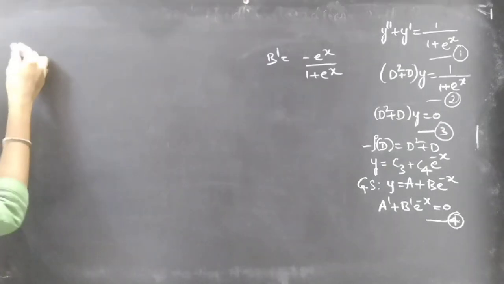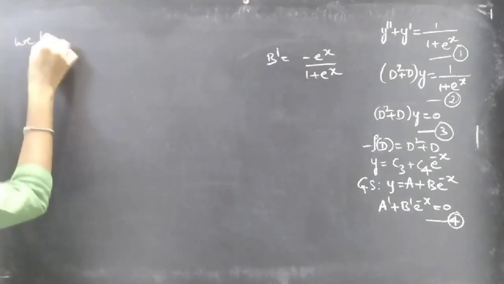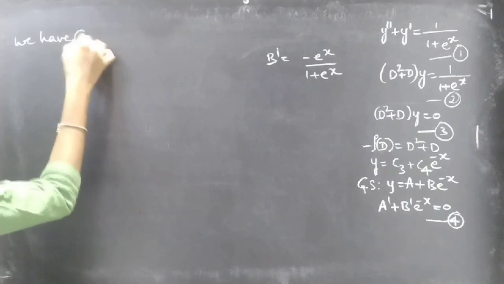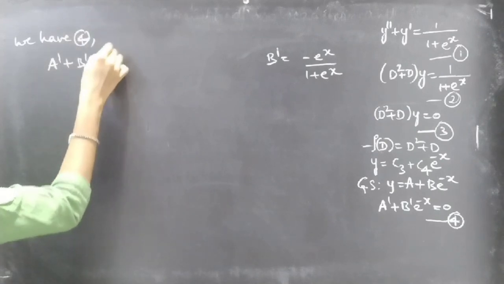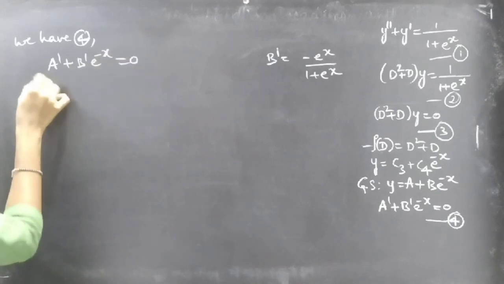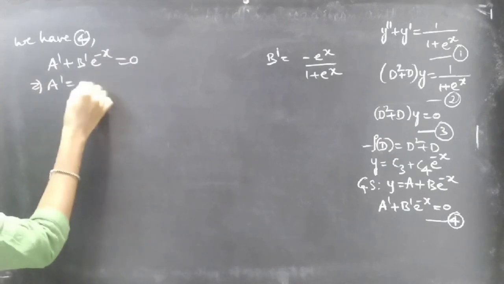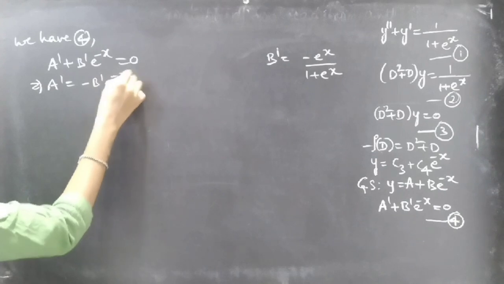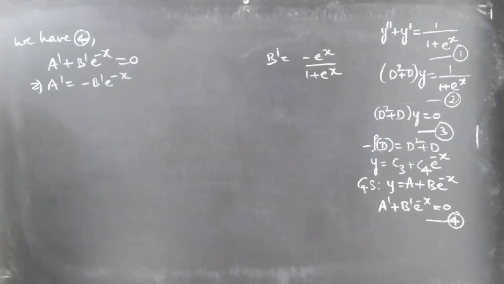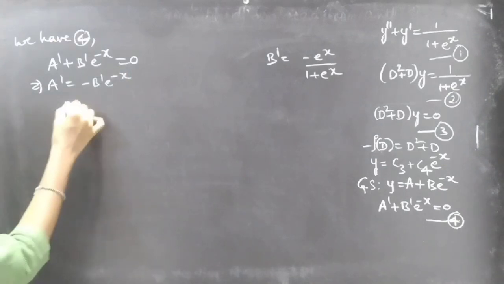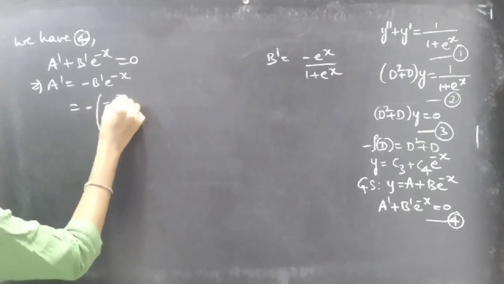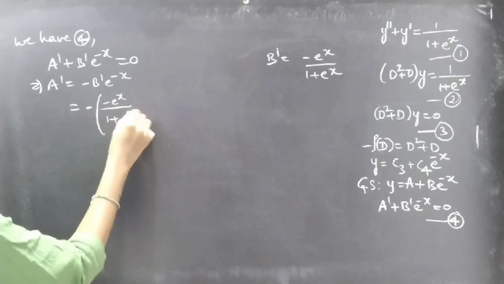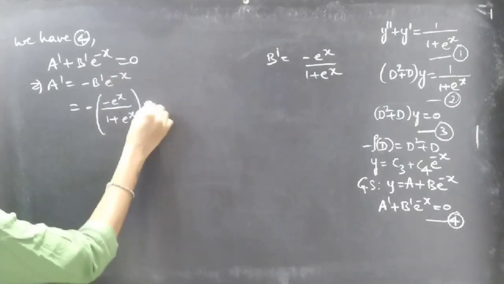We have equation 4. A dash plus b dash e power minus x equals to 0, right? We can write this as a dash equals to minus b dash e power minus x, right? And substitute b dash. We have b dash equals to minus e power x by 1 plus e power x into e power minus x.